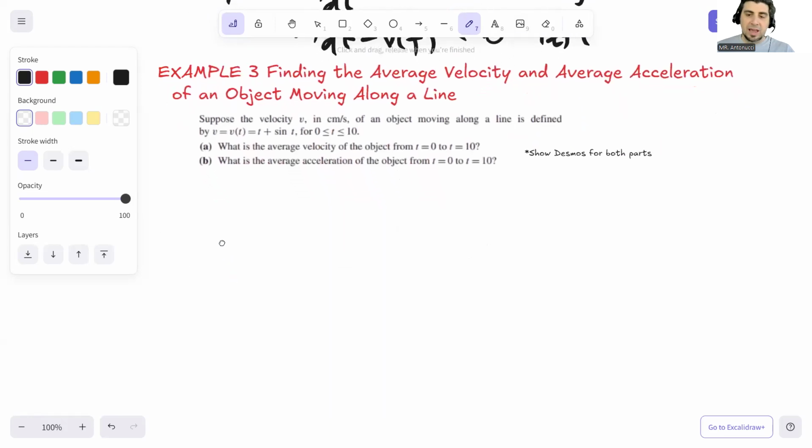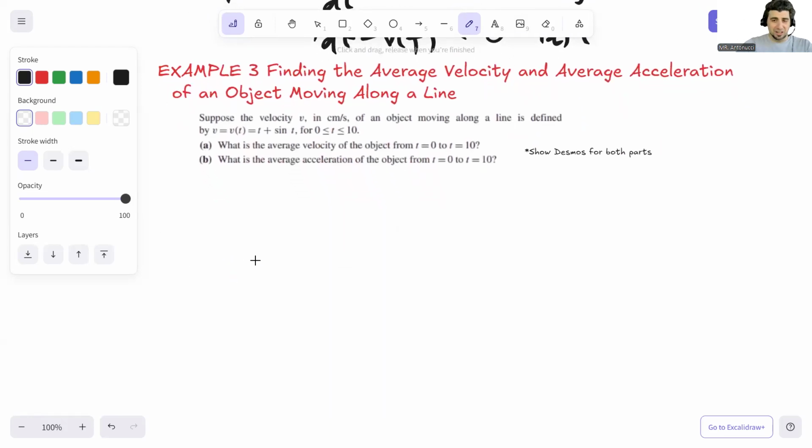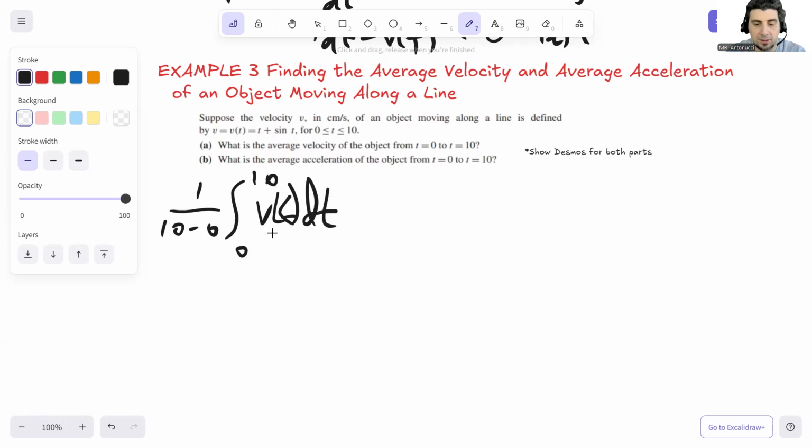So we want to find the average velocity and average acceleration of an object on a line. So we have this function v of t equals t plus sine t for 0 to 10. What's the average velocity? So the average velocity for this one is going to be 1 over 10 minus 0 times the integral from 0 to 10 of v of t dt.